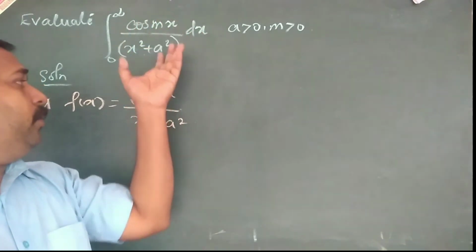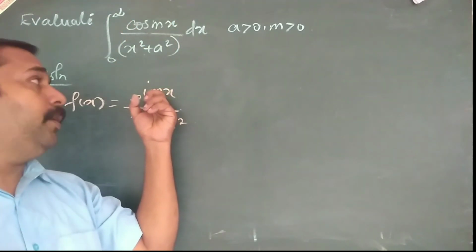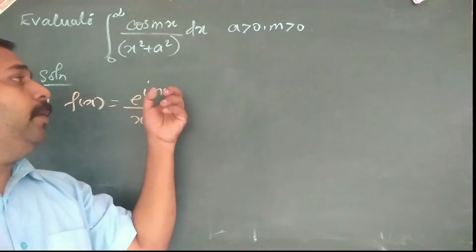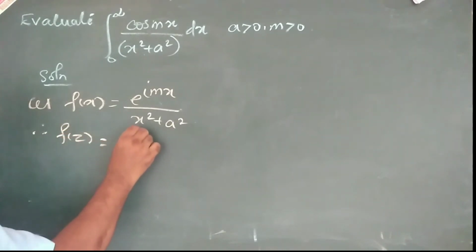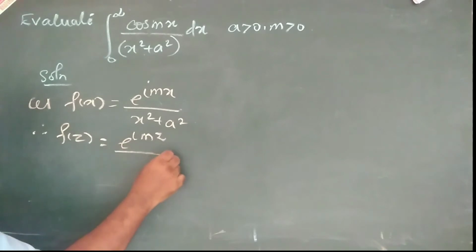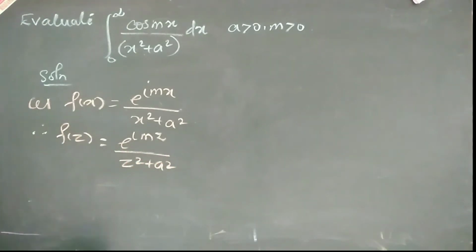So first you write, instead of this cos term, we take e raised to i theta. Here mx, so imx. So f of z is equal to e raised to i m z divided by z square plus a square.